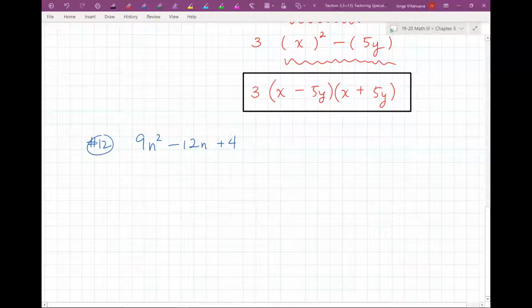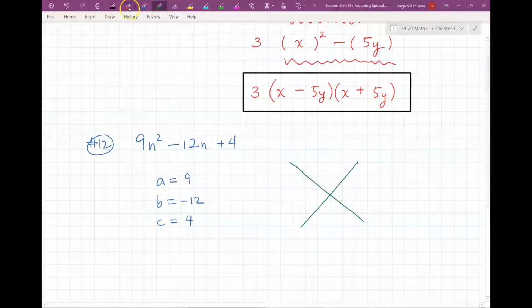So what you're supposed to do is basically start off by writing down your ABCs, like I was doing last time. A was 9, B was negative 12, C was 4, and then we right away went into the X method. Okay? And on the very top, you're supposed to multiply A times C. So 9 times 4, 36.